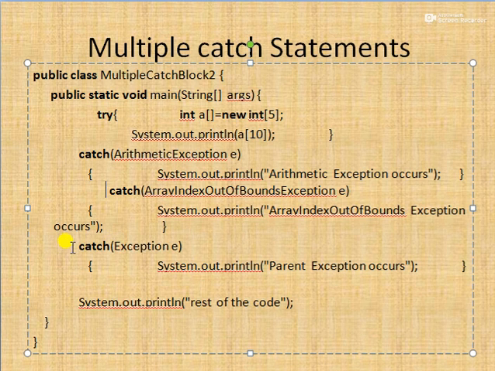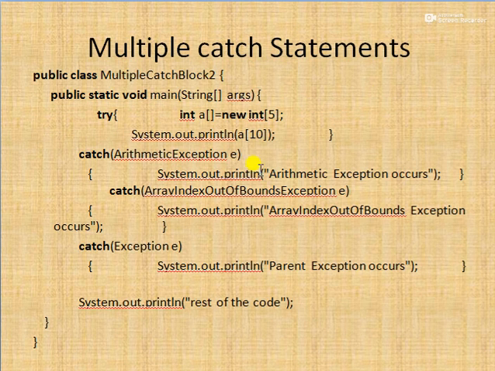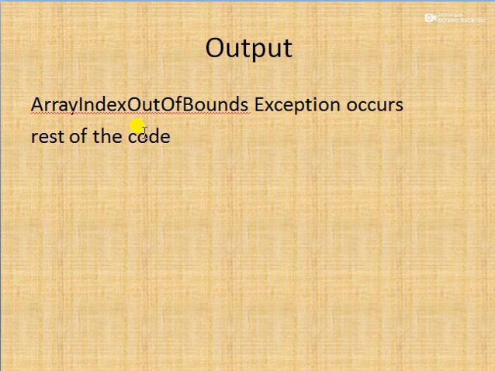And then the other catch statement will not be executed because this exception is not raised. And the statement system.out.println rest of the code, which is available in the main method, will be executed as it is. So the output of this program will be array index out of bound exception occurs and rest of the code.